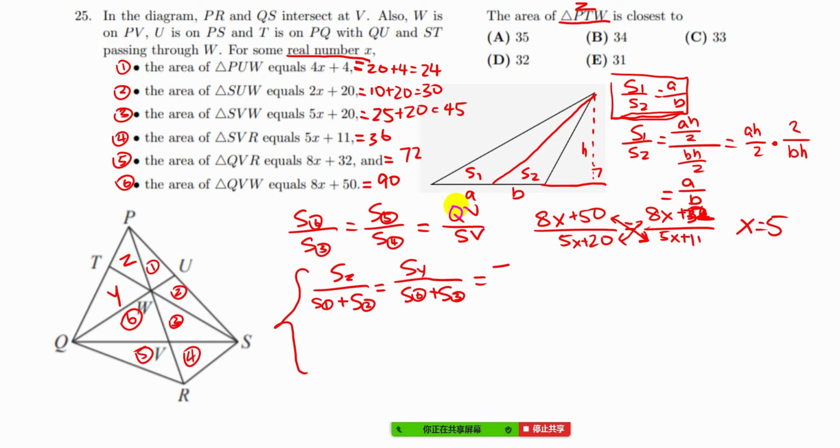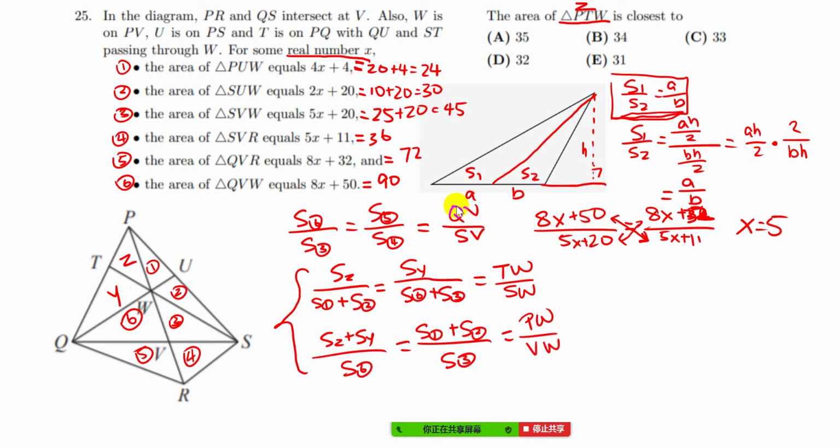This equals TW over SW, just to prove that they are actually equal. And then for the second one, we could do SZ plus SY over S6. This equals S1 plus S2 over S3. And then this would equal PW over VW.